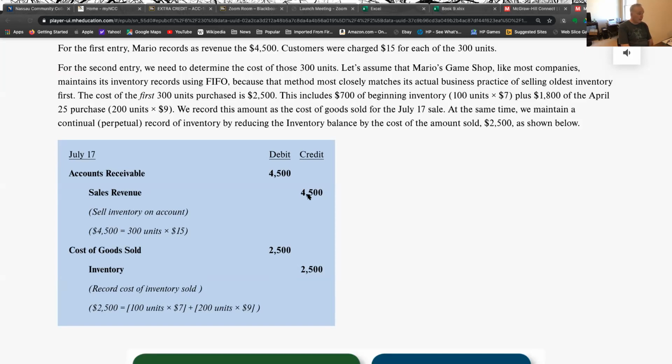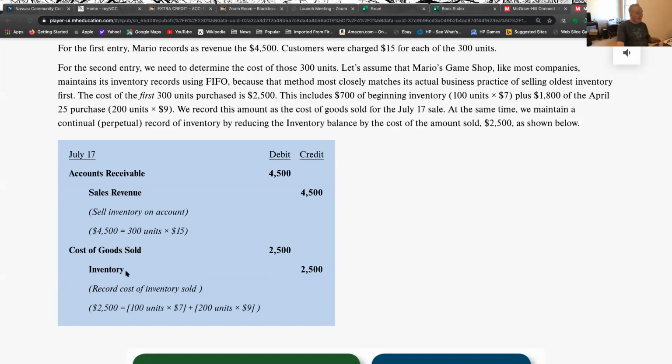But now we're going to have to record the cost of goods sold. If we're going to keep track of the inventory on a perpetual basis, it also means we're going to have to do the cost of goods sold on a perpetual basis. So we debit cost of goods sold and credit inventory.